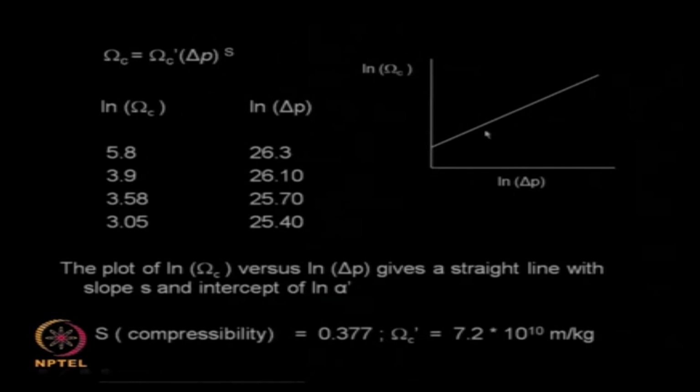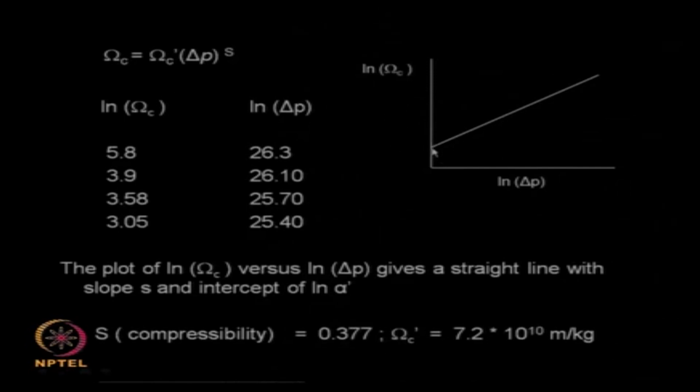And then the slope of that line will give you this term, which is called the relationship between the effect of delta P on the resistance offered by the cake, okay.